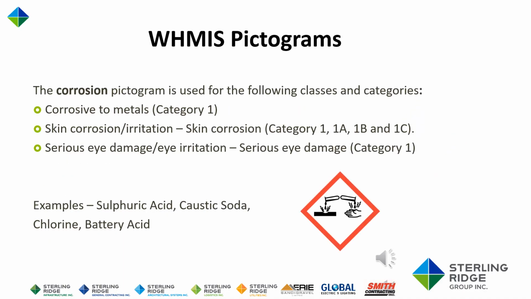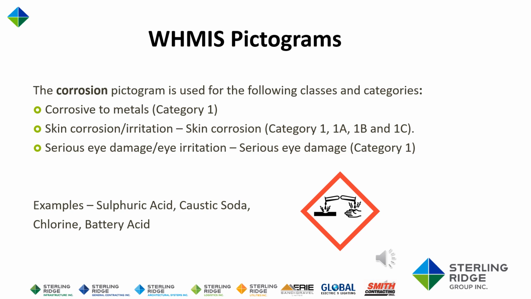Ventilation. The corrosion pictogram is used for the following classes and categories: corrosive to metals, Category 1. Skin corrosion/irritation, skin corrosion, Category 1, 1A, 1B, and 1C. Serious eye damage/eye irritation, serious eye damage, Category 1.